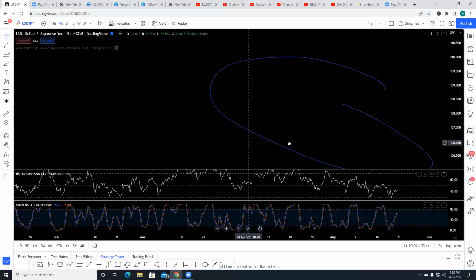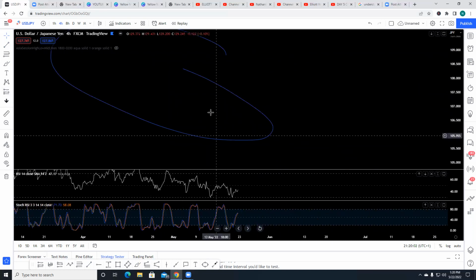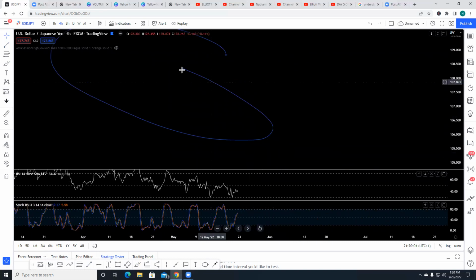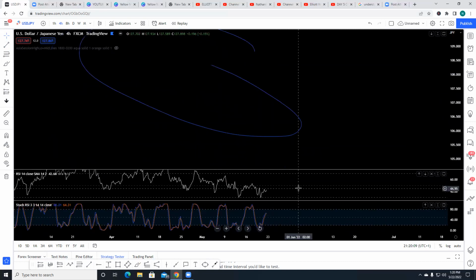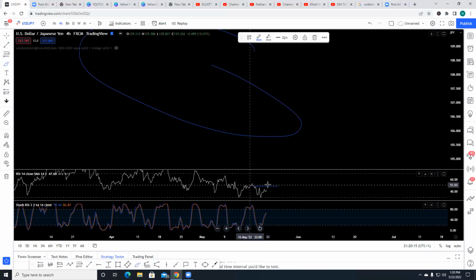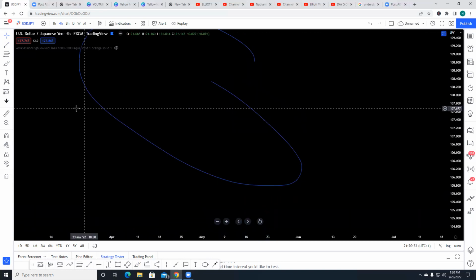But the market is at this level. Without seeing any chart here, I will tell you that this market is bearish. Why do I say this market is bearish? Because RSI is below 50. If it is above 50, then it is bullish.